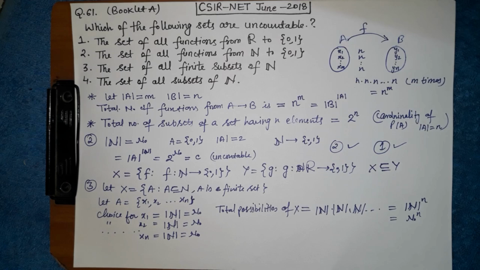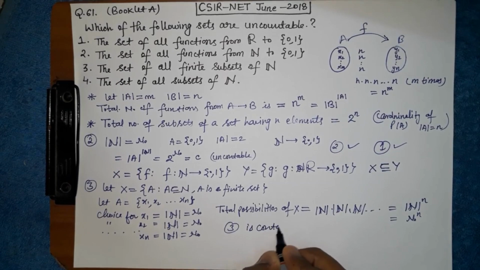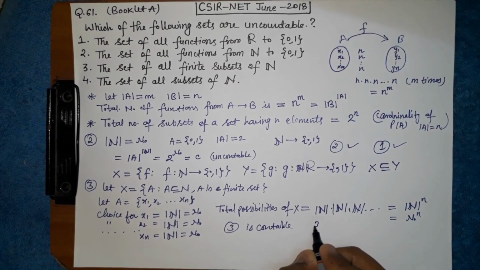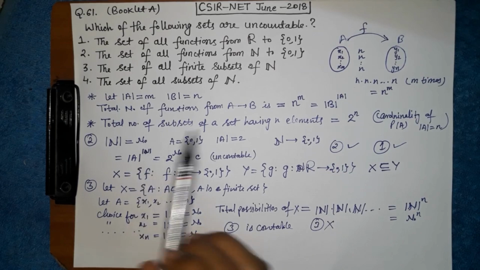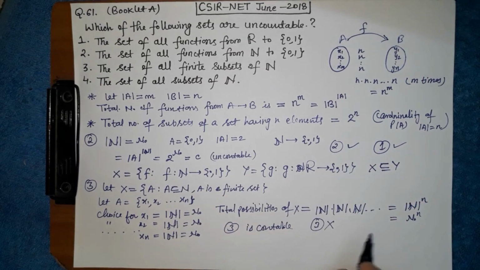And we know that a finite product of countable sets is countable, so that means option 3 is countable. So option 3 is incorrect.